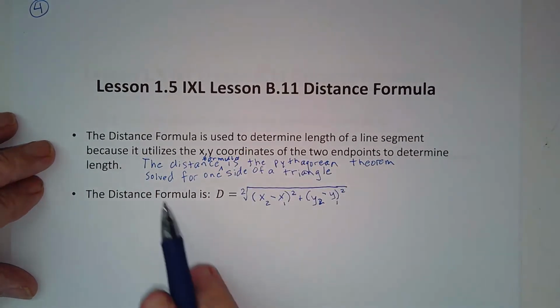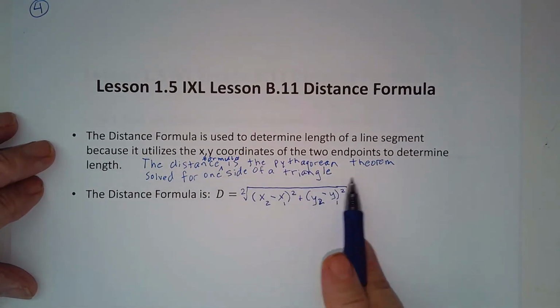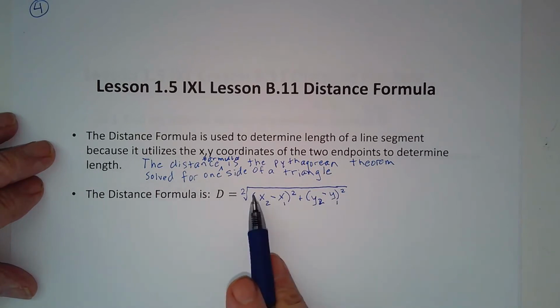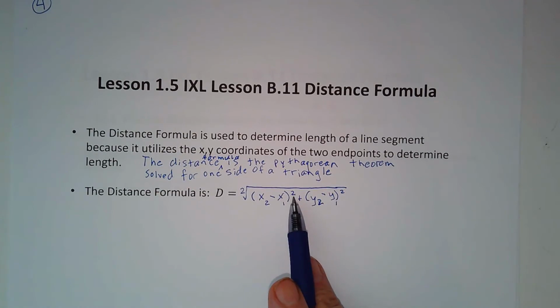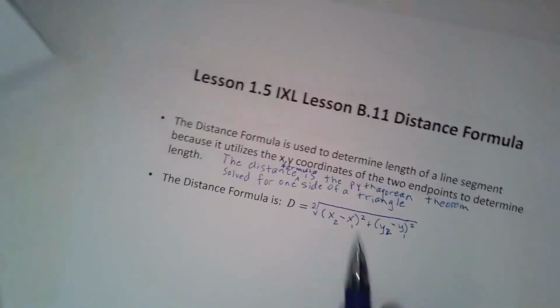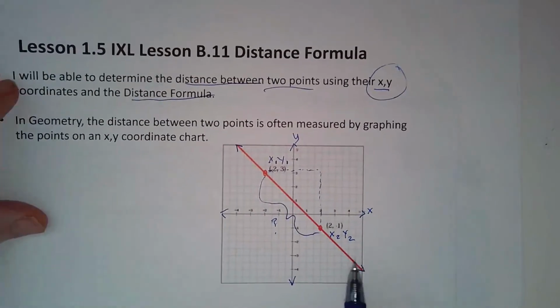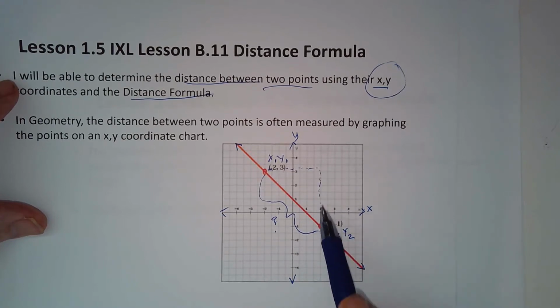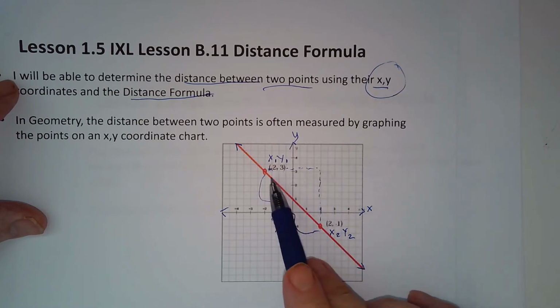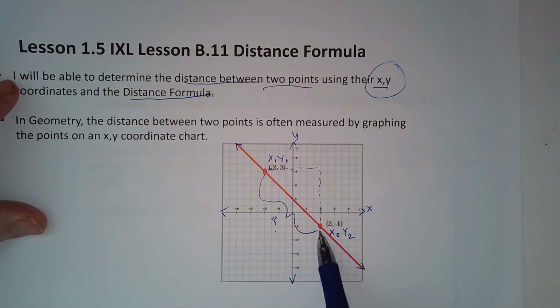It's a little hard to see, but the distance formula is actually the Pythagorean theorem solved for one side of a triangle. Going back here to the XY coordinate chart, you'll notice what I did here. I drew dashed lines, vertical and horizontal, from the 2 points, and then they meet up here. And if you do that, you form a triangle.